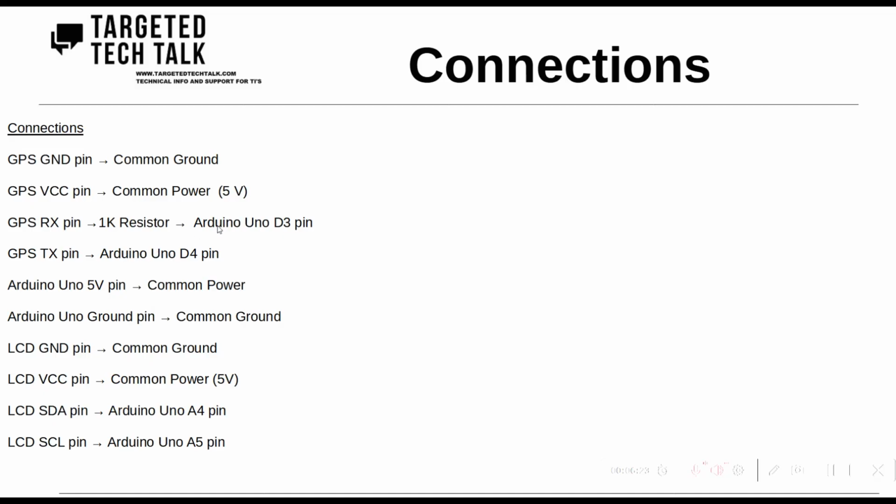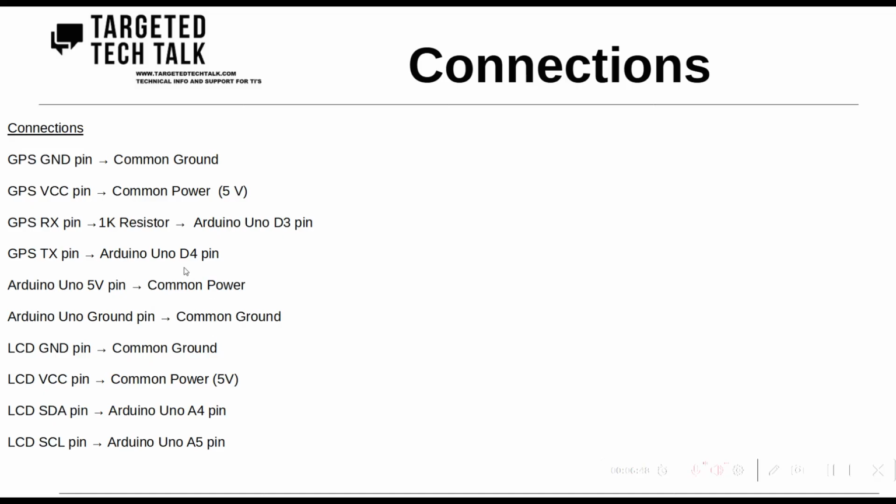So from the GPS device, put in the resistor and then the connector out to the Arduino Uno D3. We'll see this on the wiring diagram in a second. And then the TX pin out to D4, and then I supplied the 5 volts and ground from the Arduino Uno.